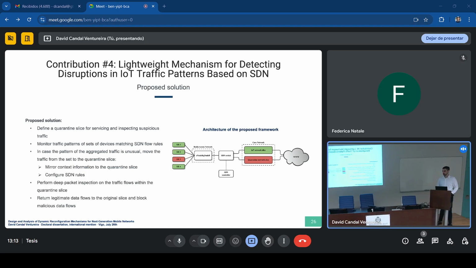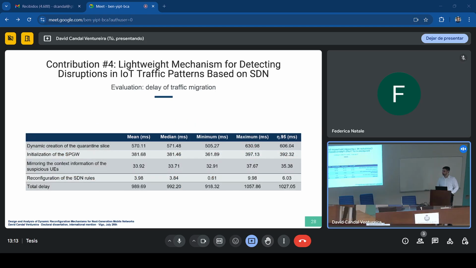And you mentioned you have two possibilities also, having this quarantine slice always up. And what I want to know is, if you were an operator, which one of the solutions would you take? Reactive or proactive?